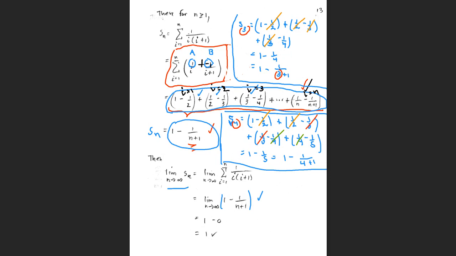The 1 over n plus 1, as n gets large, is going to go to 0. And so you're going to be left with 1. And so the limit of the nth partial sum equals 1. Okay.